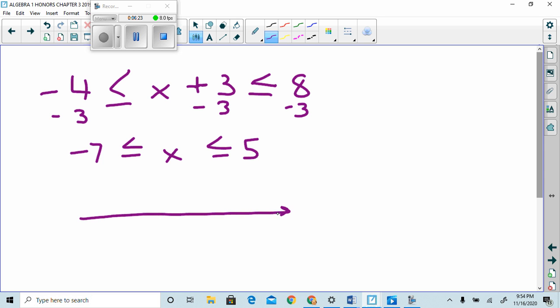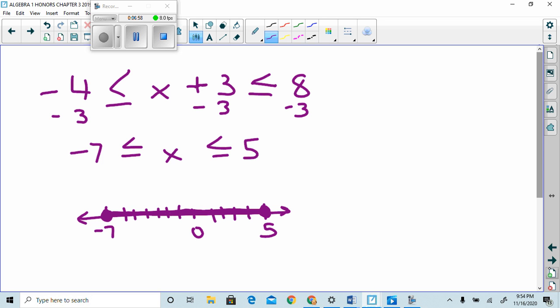Again, I would set up my number line. I have closed circles at these boundary points, and it says that x is greater than or equal to -7 and x is less than or equal to 5. Ands join in the center. So there's a couple of examples of our and inequality.